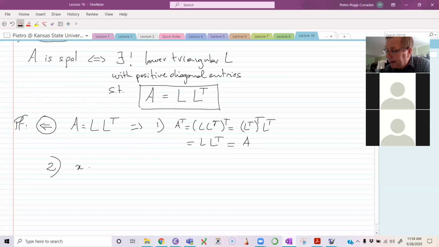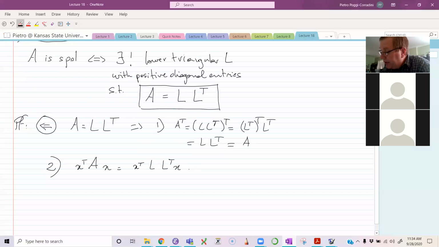So let's look at the quadratic form for A, x transpose A x, and we get this factorization.